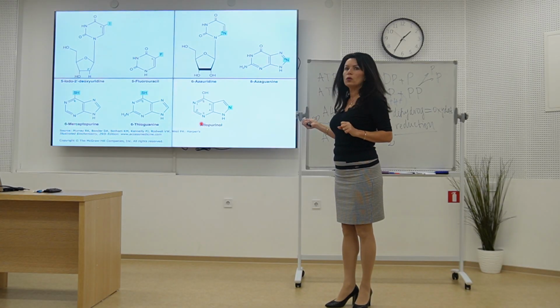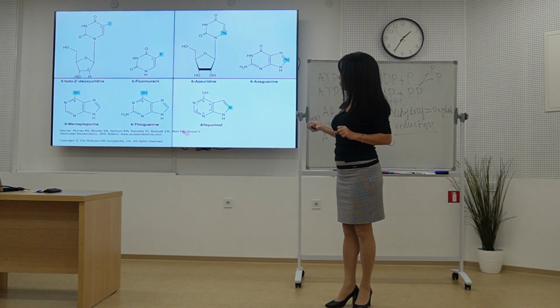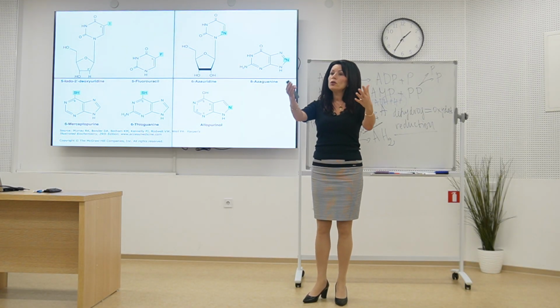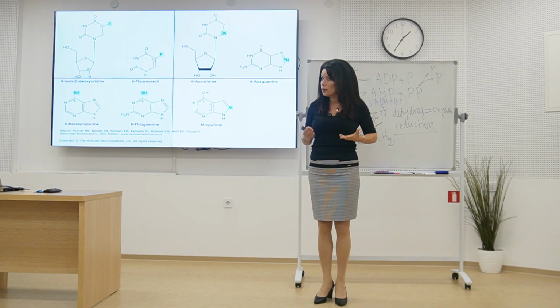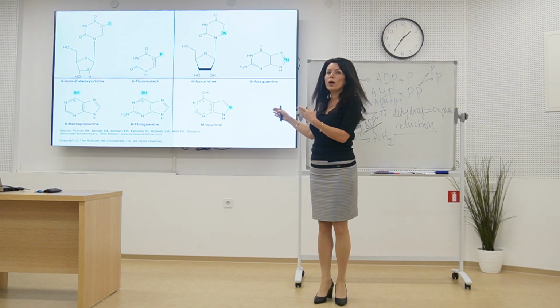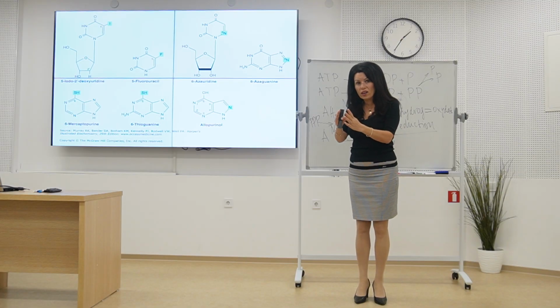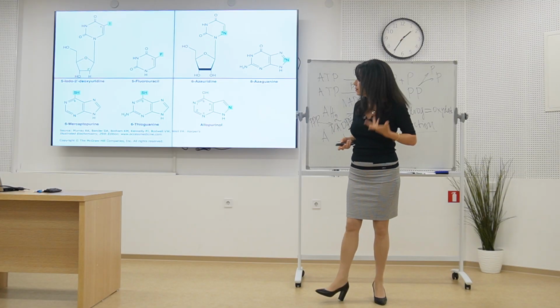This is allopurinol. This is the structure of allopurinol. What is this actually? It's very similar to the well-known purine bases. That's why we can say allopurinol is a structural analog of what?